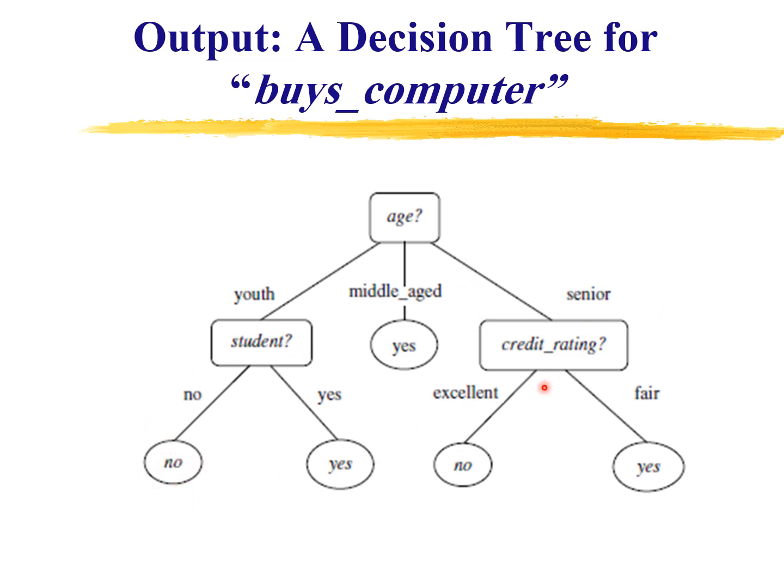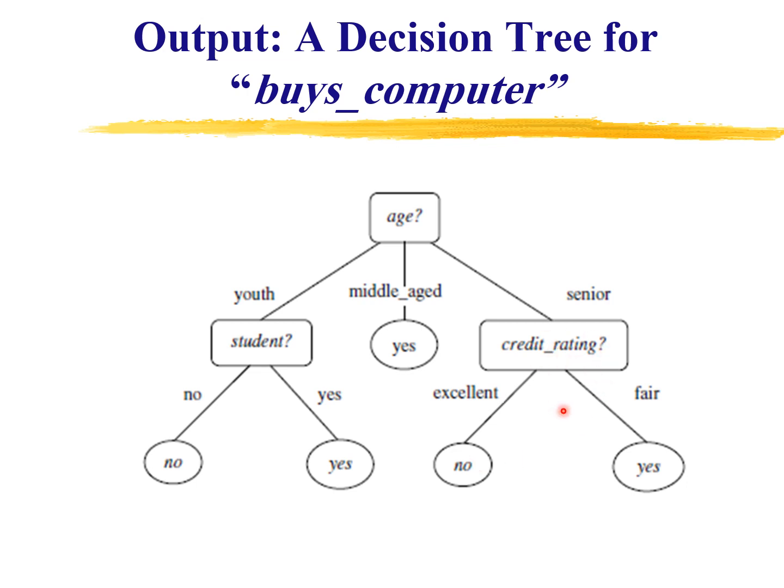Now, seniors are judged based on credit rating. If their credit rating is excellent, they will not buy a computer. If their credit rating is fair, they will buy a computer. As I said, this has nothing to do with what we think. It's about what the data is telling us.